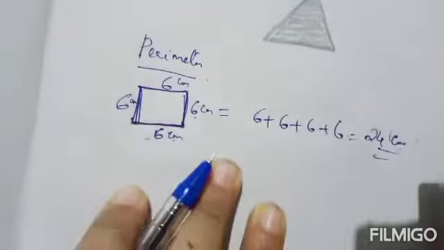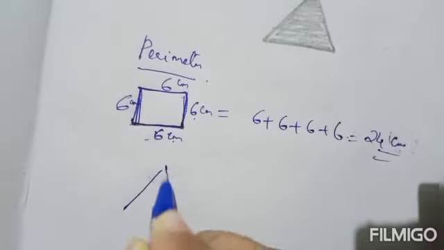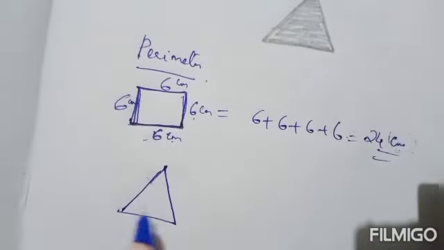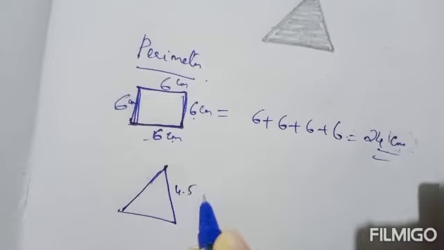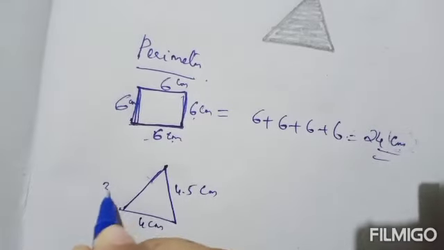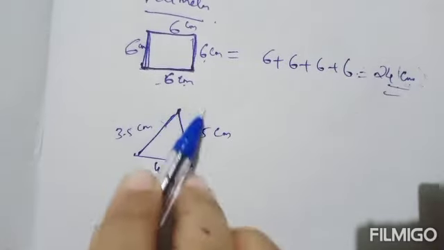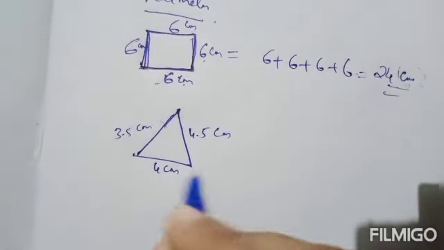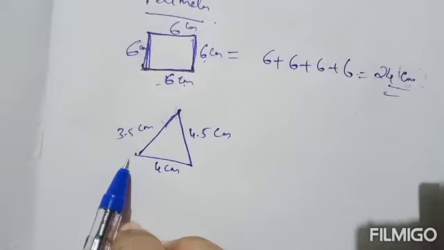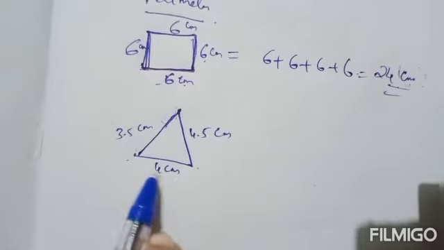Next, let us take another example. This triangle has sides 4.5 centimeter, 4 centimeter and 3.5 centimeter. So what will be the perimeter of this triangle? Perimeter will be equal to the sum of the lengths of its sides.